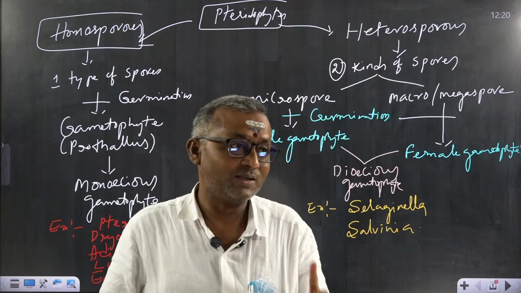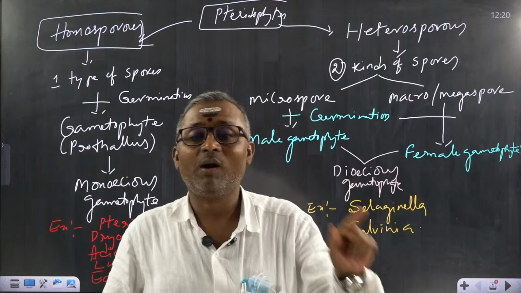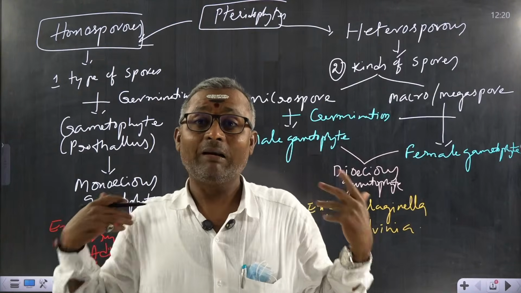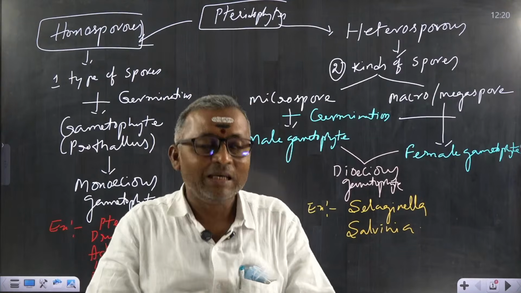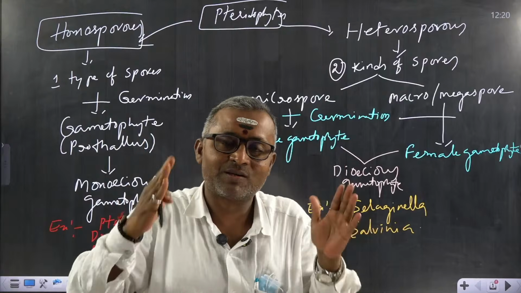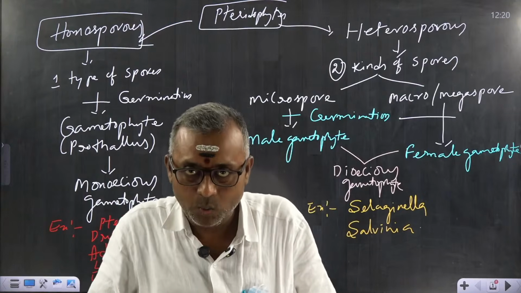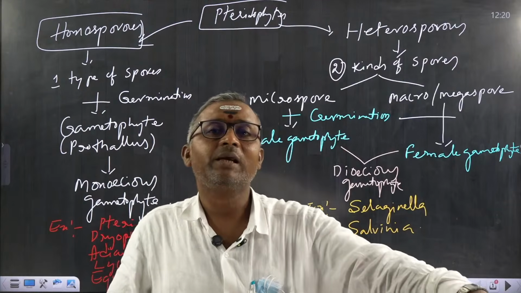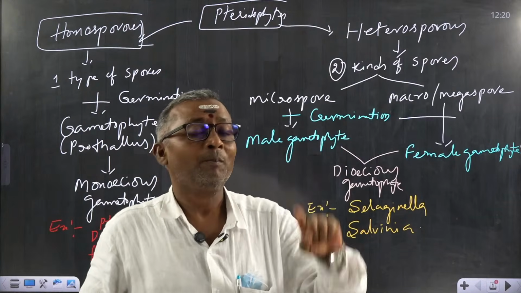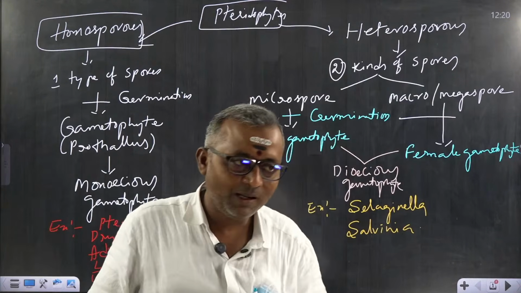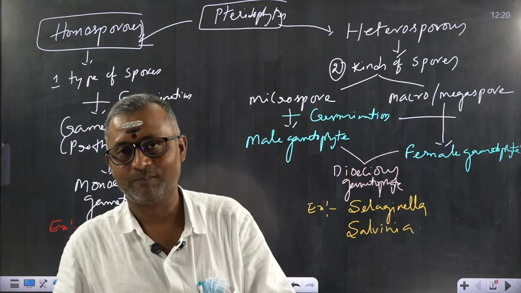That is why, though they are land plants, you cannot see them in all kinds of habitats. They have a restricted or narrow geographical distribution, growing only near water bodies. Why? Because their fertilization needs water, because their male gametes are motile.